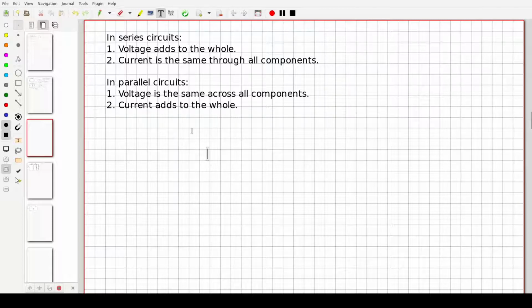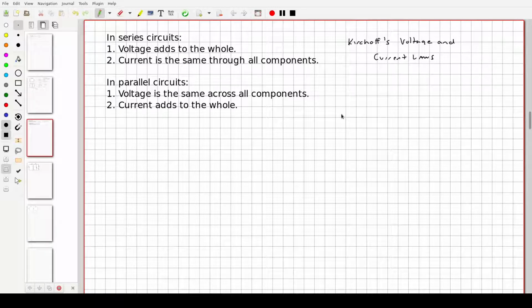So what we have here are a series of laws that we usually call Kirchhoff's voltage and current laws.